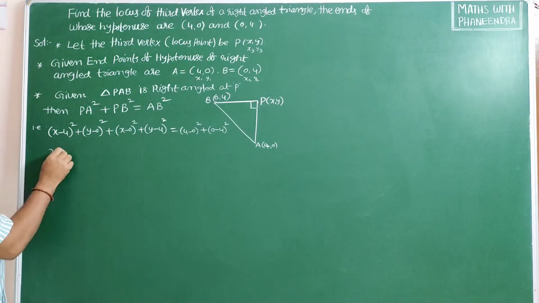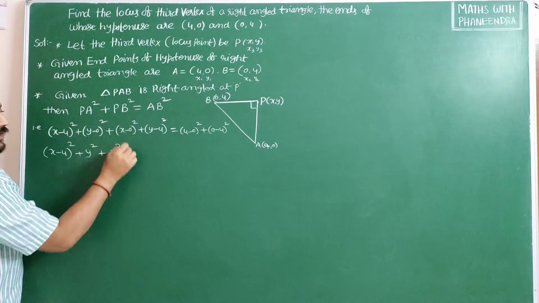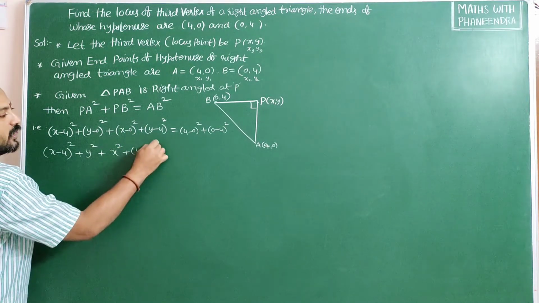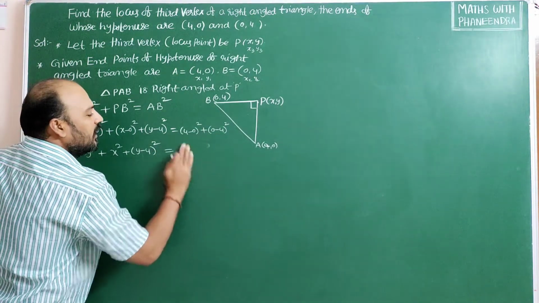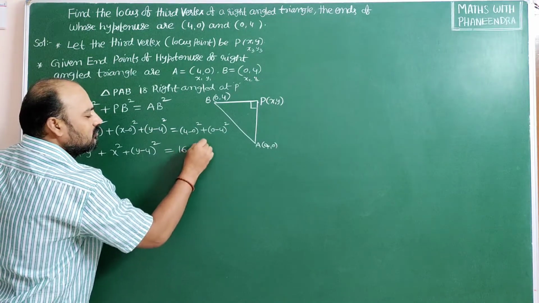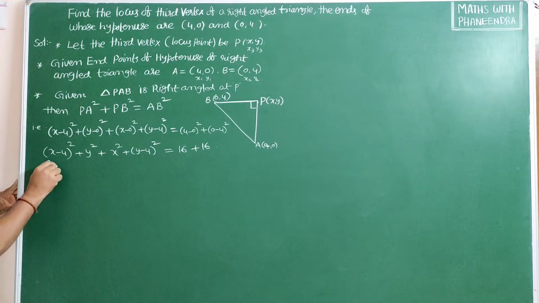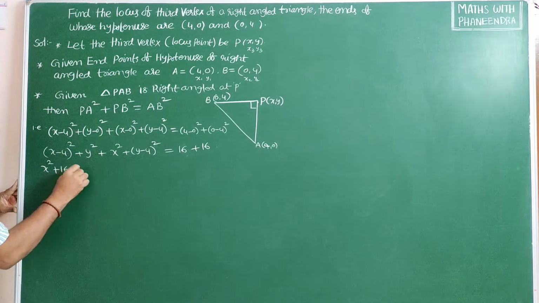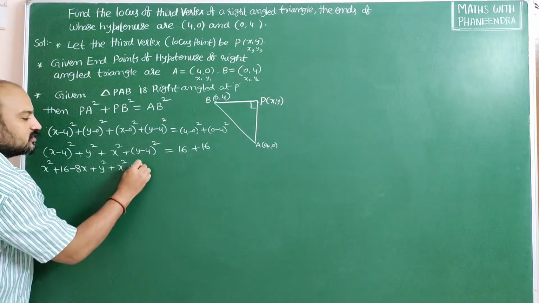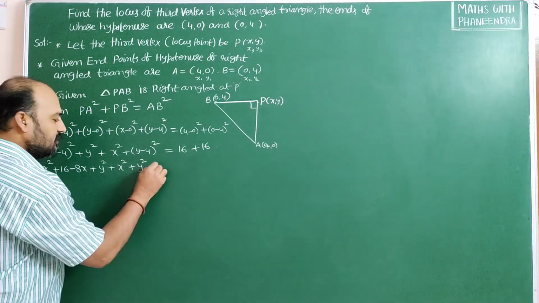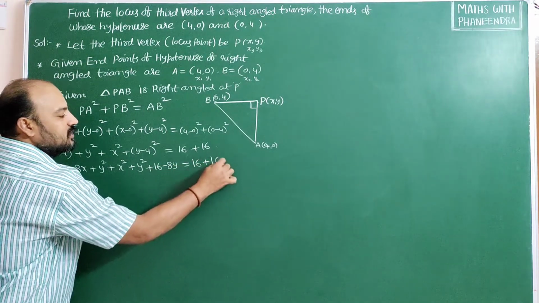So x minus 4 whole square plus y square plus x square plus y minus 4 whole square is equal to 4 square plus minus 4 whole square. Directly write it as 16 and 16. Expanding: x square plus 16 minus 8x plus y square plus x square plus y square plus 16 minus 8y is equal to 16 plus 16.